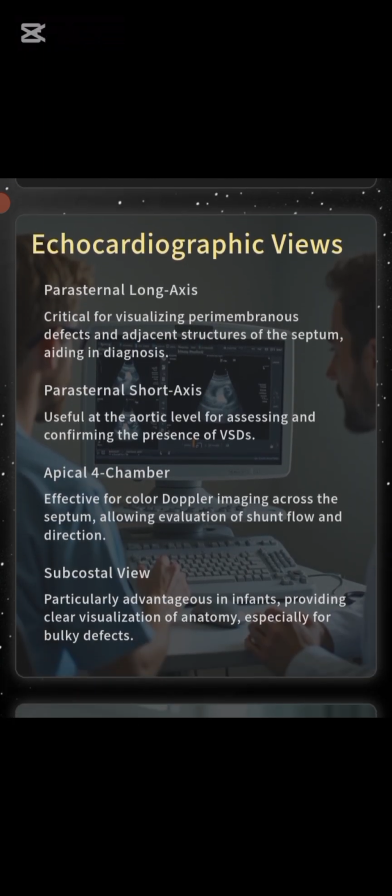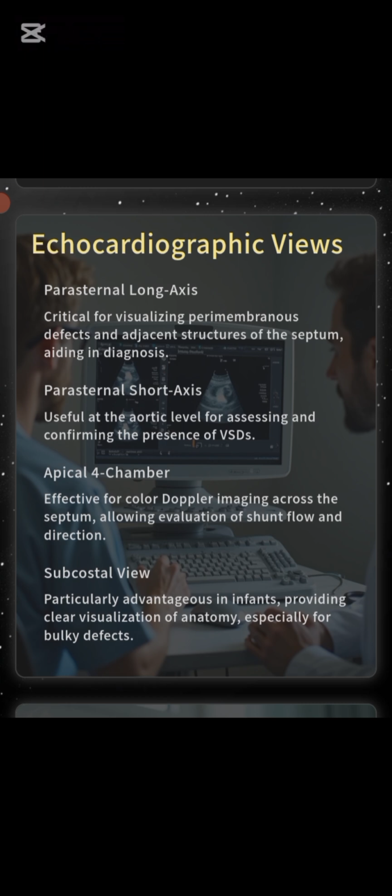Echocardiography views, as I showed you: the 5 chamber view and short axis view in the parasternal views. This is also the parasternal long axis, critical for visualization of perimembranous defects and adjacent structures of the septum, aiding in diagnosing. Parasternal short axis view is useful at the aortic level for assessing and confirming the presence of VSDs.